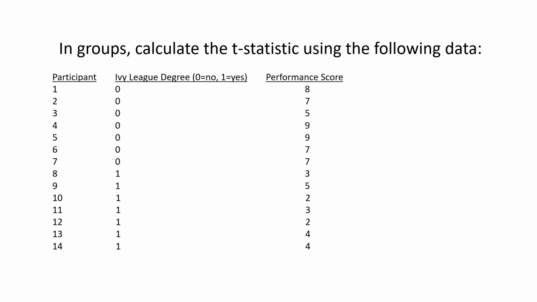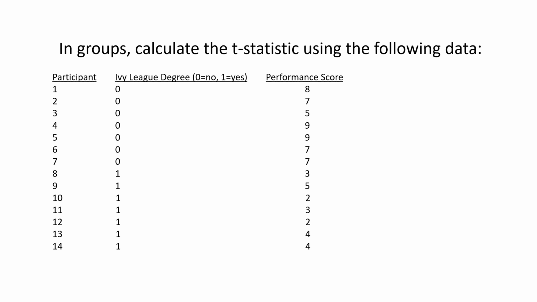And the key question at hand is whether or not that difference is large enough to generalize to the wider population. So in this case, we have 14 participants. In the previous sample, we had only 12, and now we have 14.